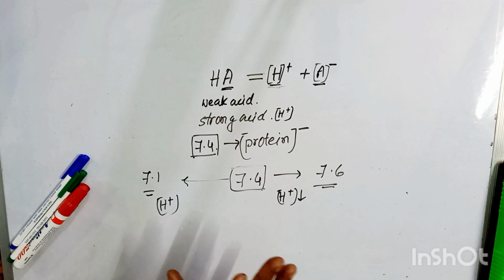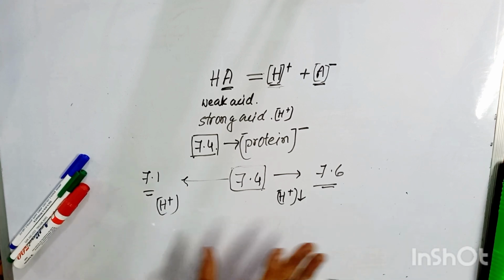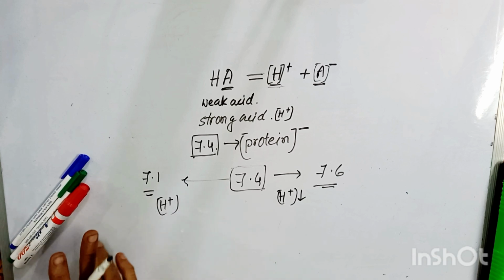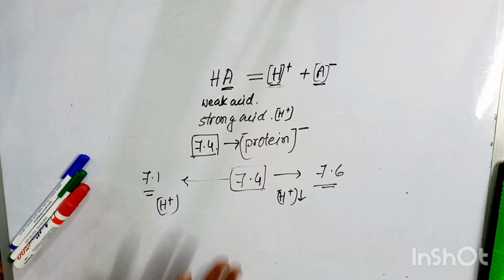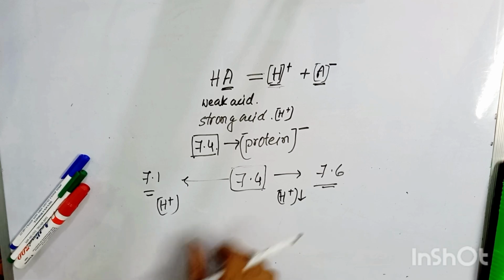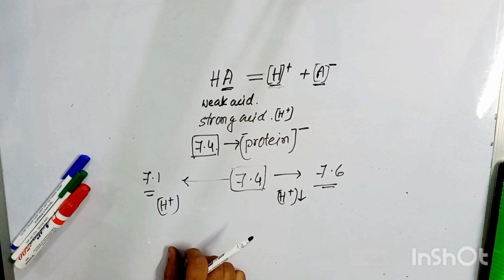Otherwise neurological damage will not at all help our nervous system, and we will be out of our senses if the pH differs, if the hydrogen ion concentration rises or falls. So pH is a very significant part of our body. We as humans maintain a pH of 7.4, and this pH is very important.